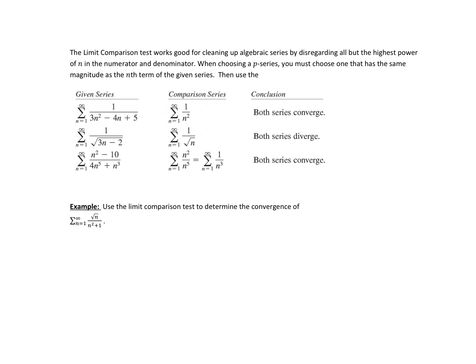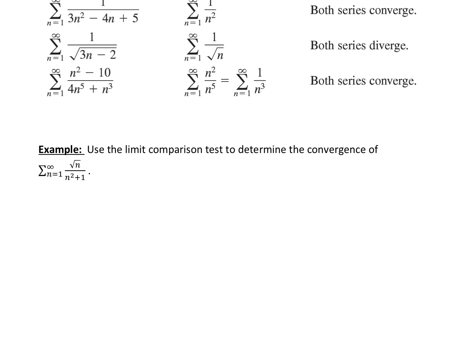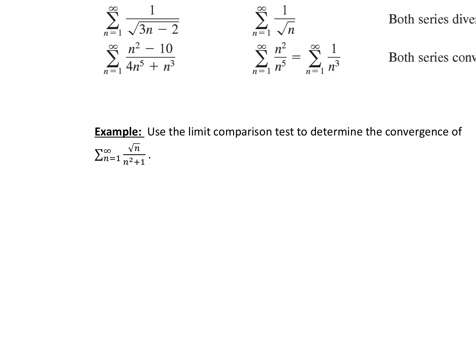So let's use the limit comparison here to decide if this converges or not. So we have the square root of n over n squared plus 1. Well, let's compare this to the sum from 1 to infinity of the square root of n over n squared. And before we go too far, let's clean this up.